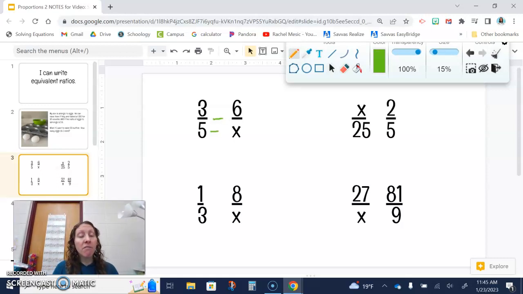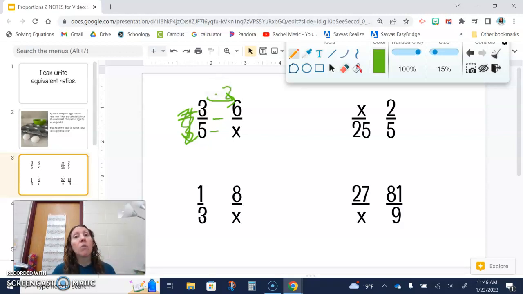Let's say we have 3 to 5 equals 6 over x. I'm going to find the smallest number, which is 3. Then I'm going to ask myself, can I multiply it by anything to get the number across from it, or above or below it? Well, 3 times nothing, at least not a whole number, is 5, so I don't want to go that way. 3 times 2 is 6.